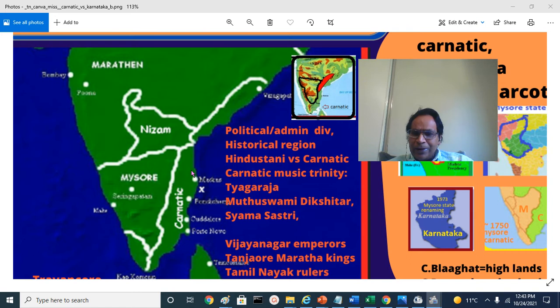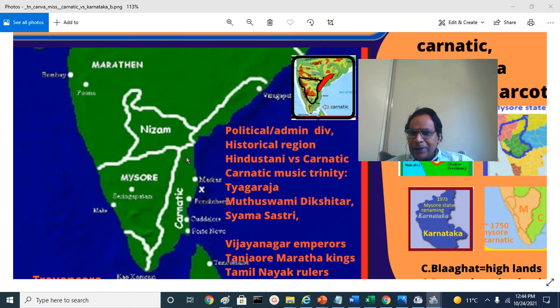From the northern bank of the Kolleru river until the southern bank of the Pennar river. Somewhere there will be the Pennar river here. Nellore town is on the banks of the Pennar river. That means South Arcot, North Arcot, Tindivanam, Cuddalore and Chengalpattu, Kanchipuram, Tiruttani and Madras and most of Nellore district, the southern part, that is central Carnatic, from the Kolleru to the Pennar river.